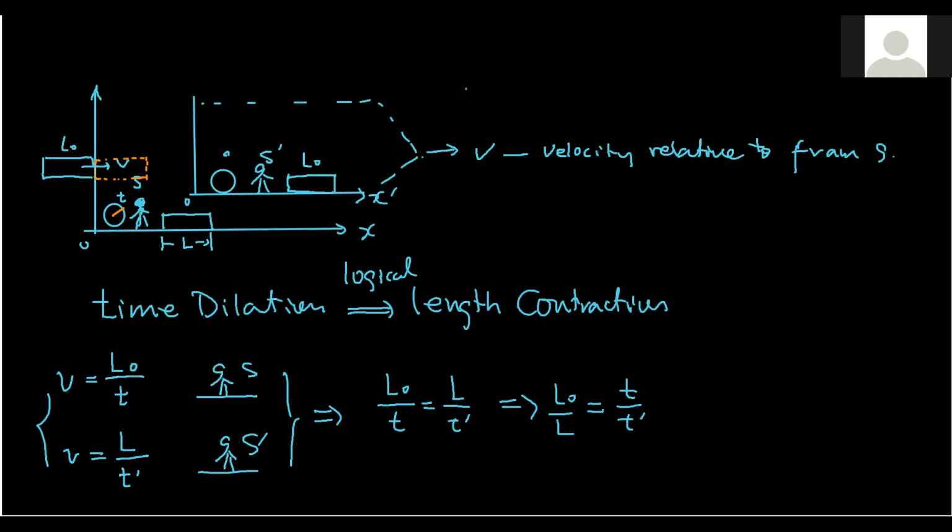Because T equals gamma times T prime, we can say L naught over L equals gamma. Therefore, L equals L naught divided by gamma.